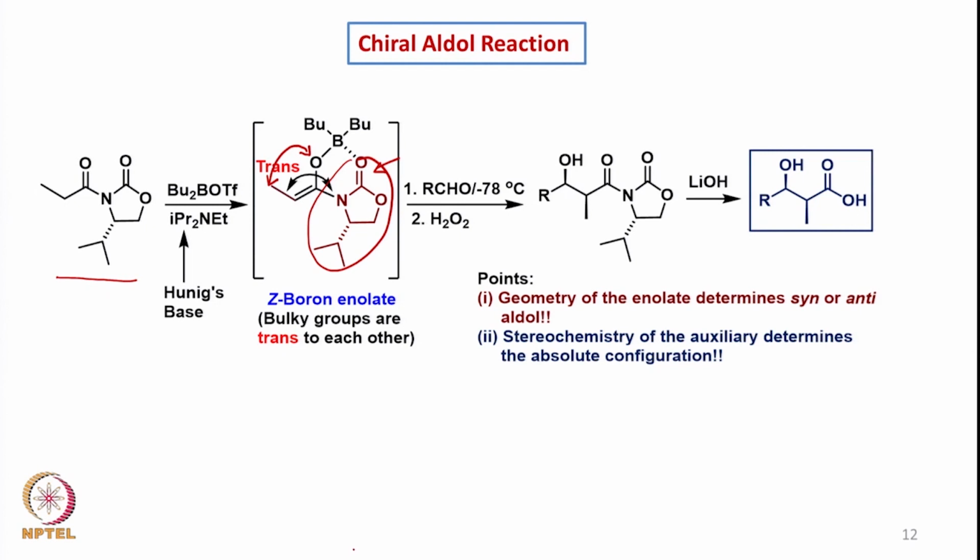But when the aldehyde is dropped into the reaction mixture at low temperature of -78 degrees, then for the reaction to occur to give the aldol product, there has to be a chelation between boron and the aldehyde oxygen, and therefore this particular chelation has to break down.